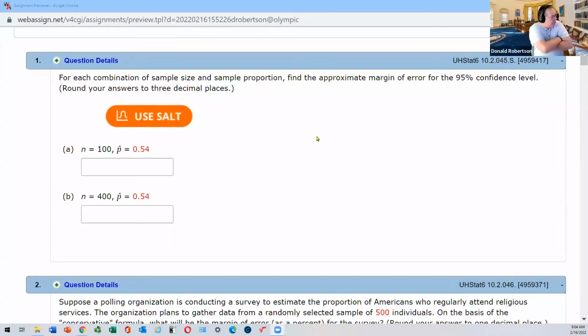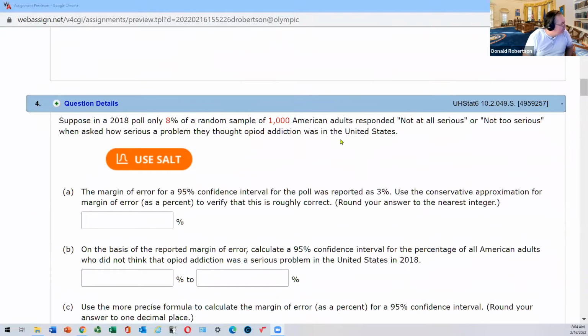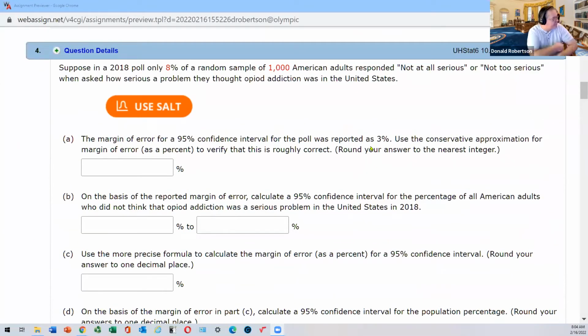Okay, so let's go down to there. Suppose in 2018, 8% of a random sample of 1,000 American adults responded not at all serious or not too serious when asked how serious a problem they thought opioid addiction was in the United States, which is really, really low, because if anyone knows anything about it, that is a big problem.